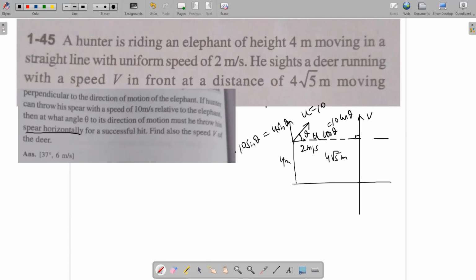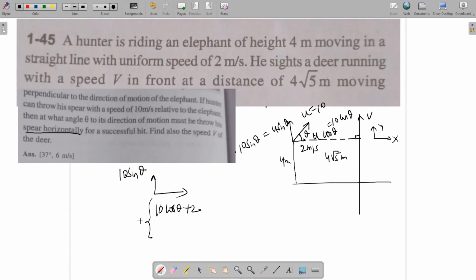So suppose this is your x direction, this will be the y direction. So this is horizontal and vertically the z direction, we will assume. So in x direction, the net speed will be 10 cos theta plus 2, and in y direction it will be 10 sin theta.